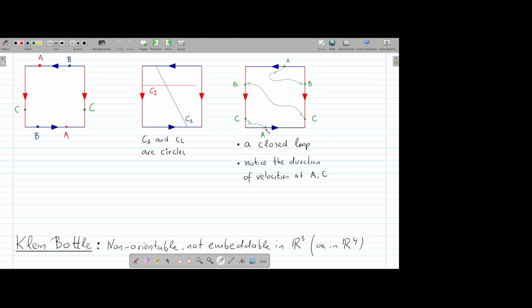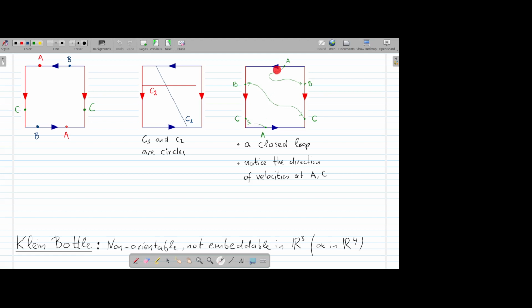Now, the point A is identified with that point and not with that point. So the particle will leave the rectangle from here and will re-enter from there. And also notice the change of direction of the motion on the rectangle. Here, the particle is moving towards the right. Now, because the identification is done the opposite way, here it will appear moving to the left. But it is actually not changing direction on that curve on the Klein bottle.